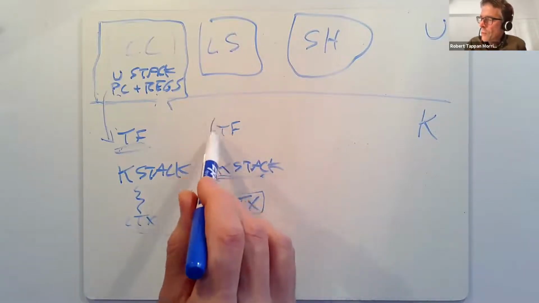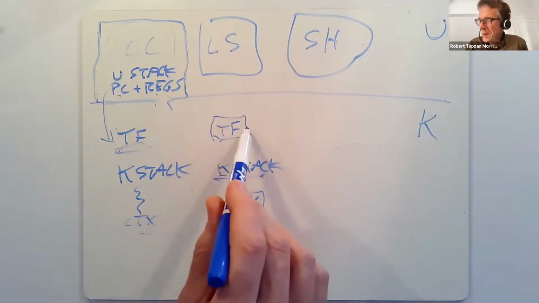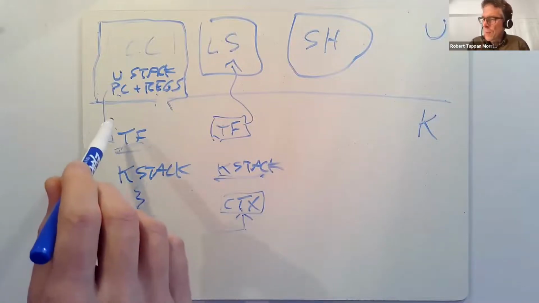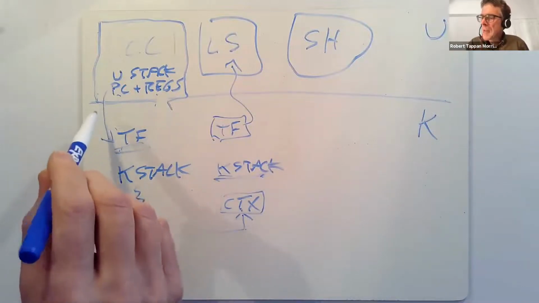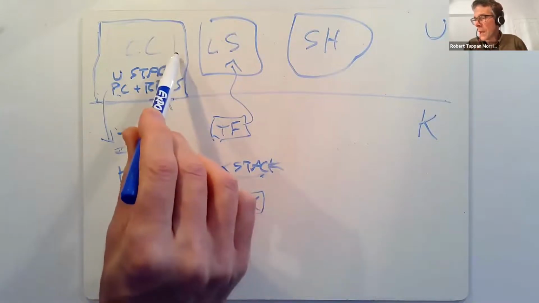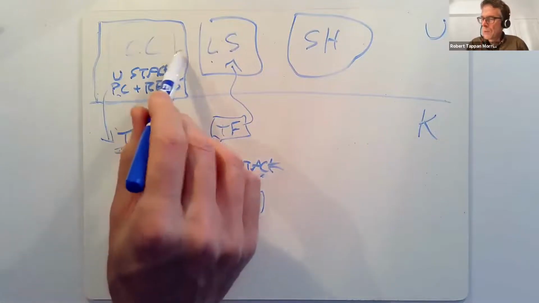And on the way to returning to user space, it'll restore these previously saved user registers for LS, and then resume executing LS. So there's a bunch of details here which we'll talk about, but maybe the main point here is that we never in xv6 see direct user-to-user context switches when we're switching from one process to another.